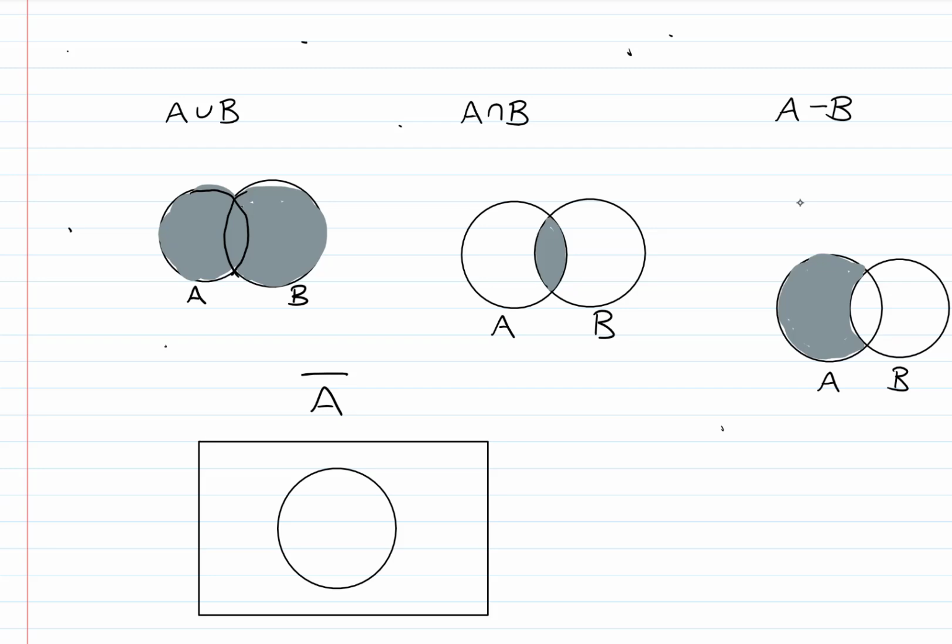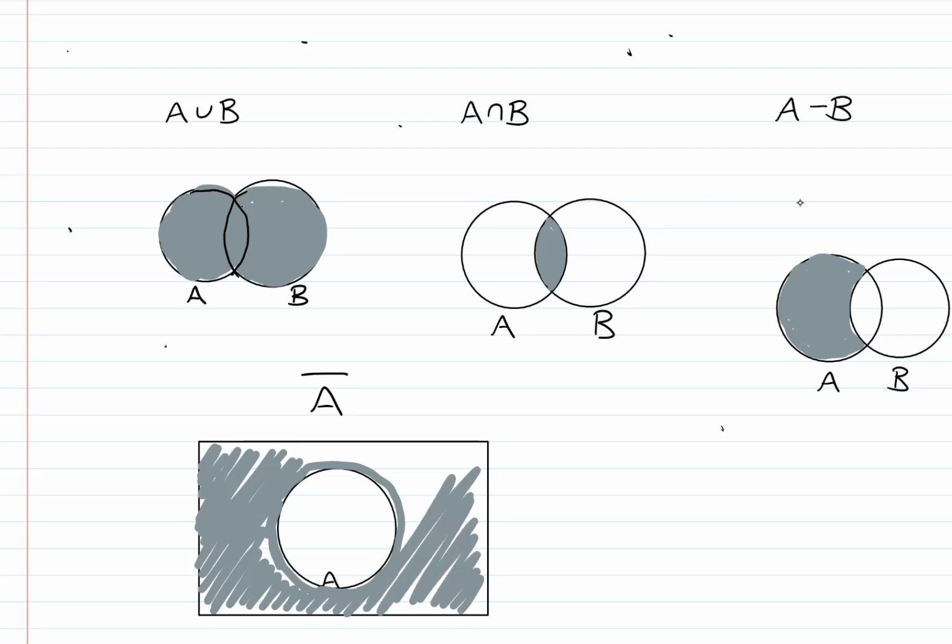So that's everything as far as you're concerned. That's everything that exists. Okay? And this circle is A. And the complement of A would be everything that's not in that circle. I don't want to spend too long doing it, so I'll be a little bit sloppy, but the point is we would shade everything that's not in that circle. Okay, that would be A complement.